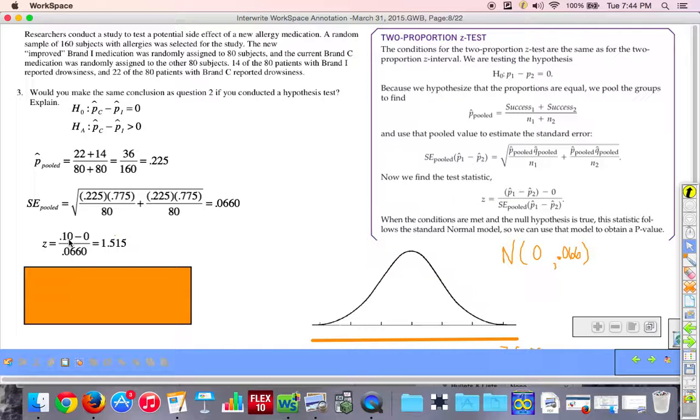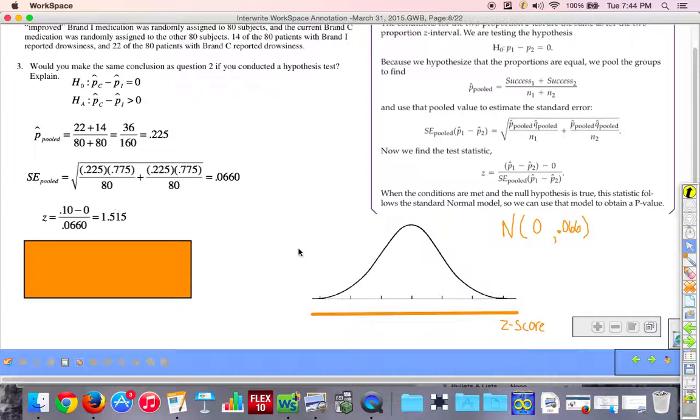We did calculate that in question number 1, and that is called the observed difference in the sample proportions. So the observed difference in our sample proportion is 0.10, subtract 0, this is the p-naught, that's our hypothesis value, that there's no change. The difference is 0, divided by our standard error. That gives us a z-score of 1.5.